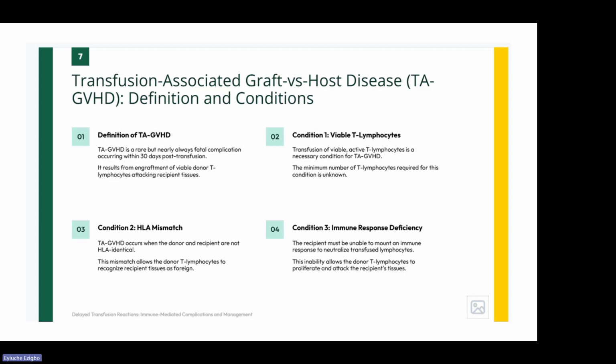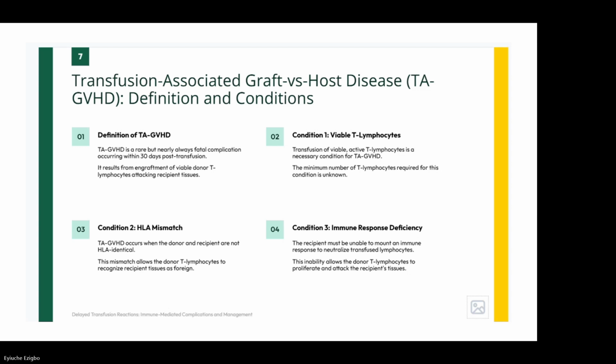So if there is immune response deficiency, it can give rise to transfusion-associated graft versus host disease. The recipient must be unable to mount an immune response to neutralize transfused lymphocytes. This inability allows the donor T lymphocytes to proliferate and attack the recipient's tissue.